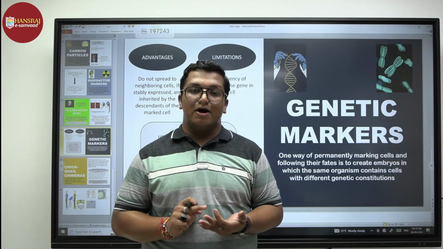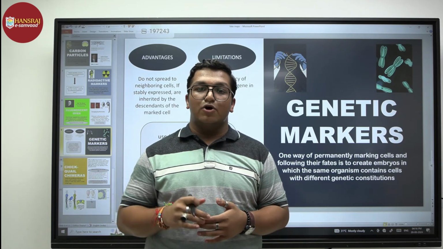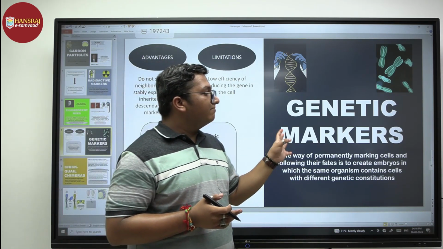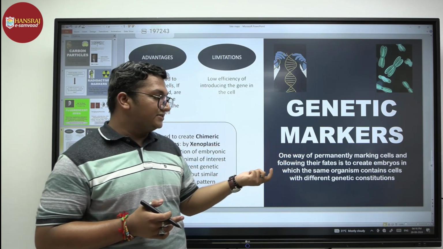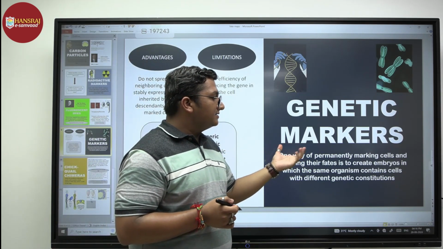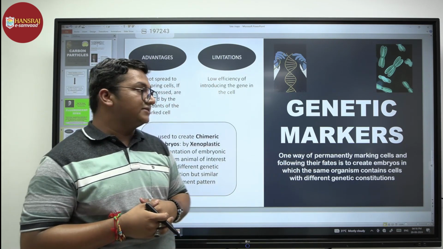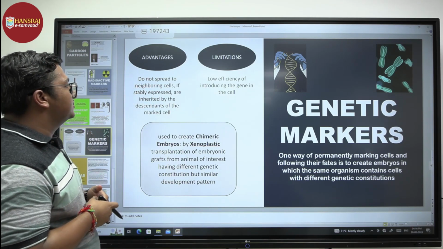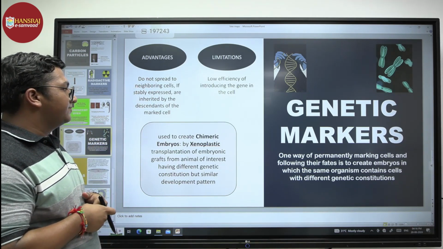As we have studied about all the dyes, the carbon particles, they fade away with time and they are not able to give us the efficient results as these give. We make changes in the particular genome of an organism to study the changes. It is a permanent way of marking cells and following their fates. So what do we do? Its advantage is that it does not spread to neighboring cells, and it is stably expressed.